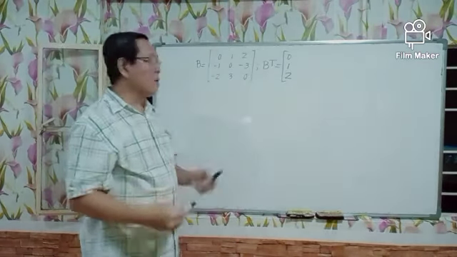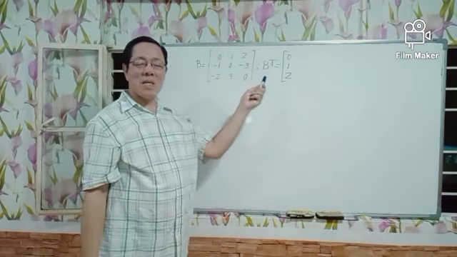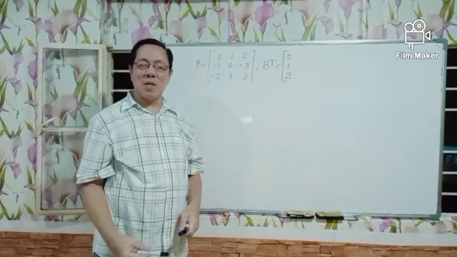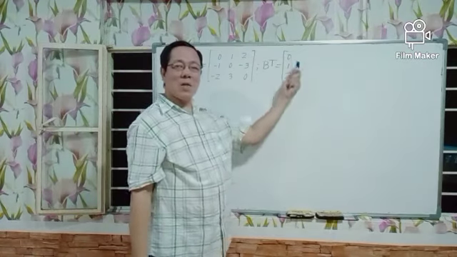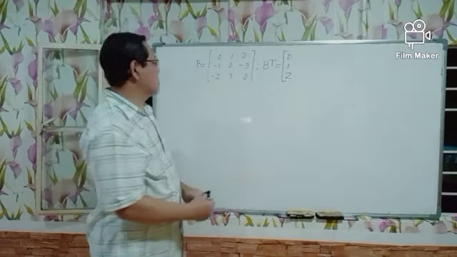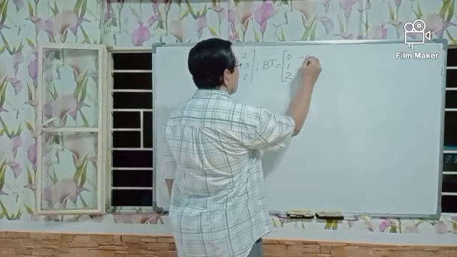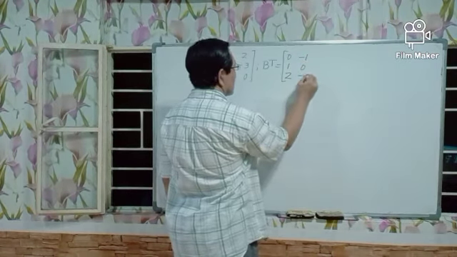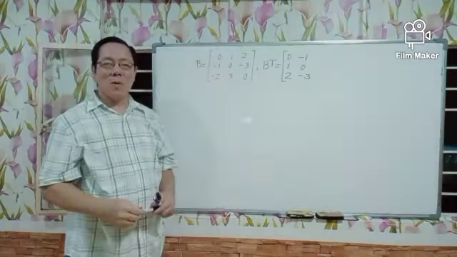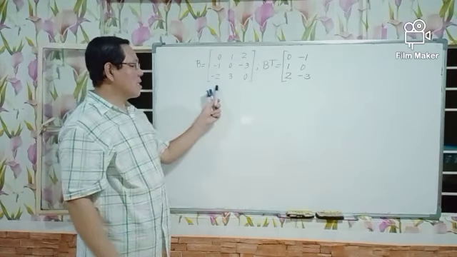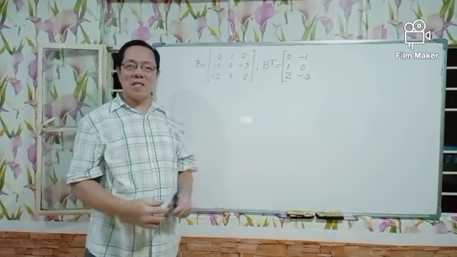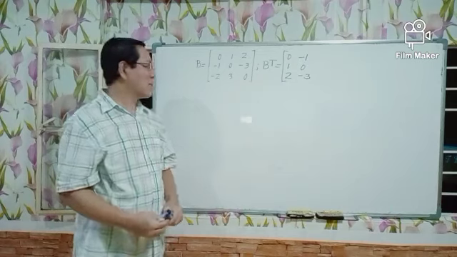And the second row of matrix B, negative 1, 0, negative 3, we write as the second column of B transpose.